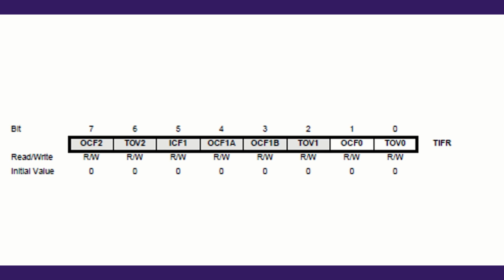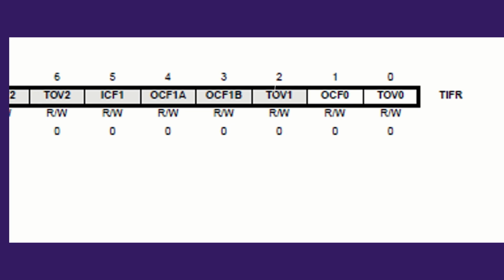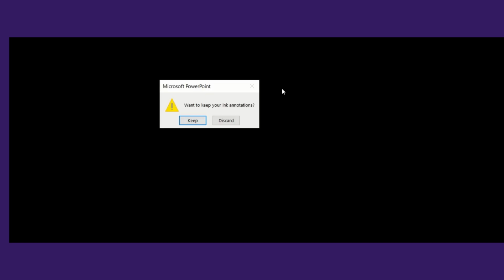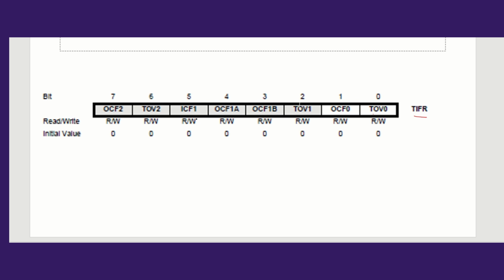So we have the TIFR register which is used to check the flag, and bit number 0 of TIFR is the timer overflow flag. So this bit is the timer overflow flag.